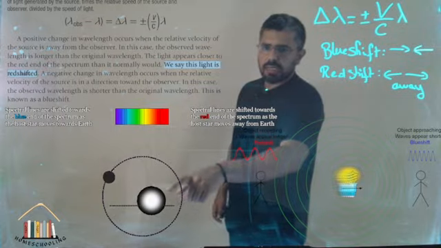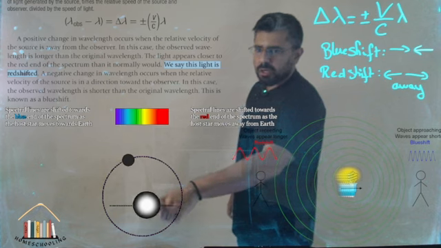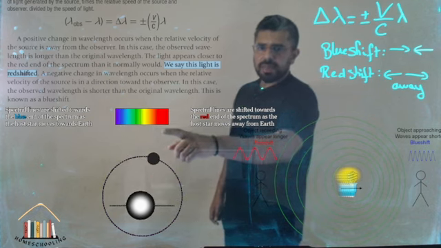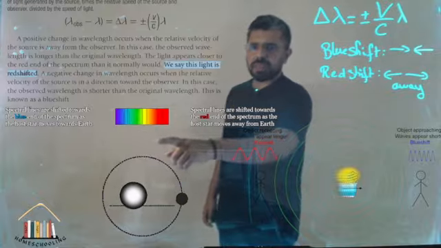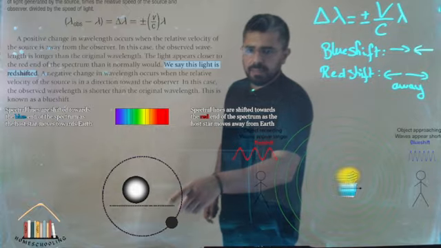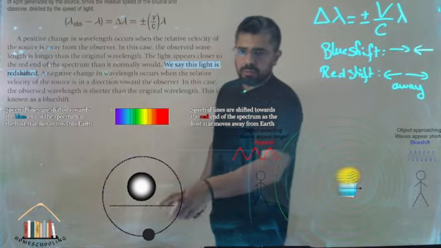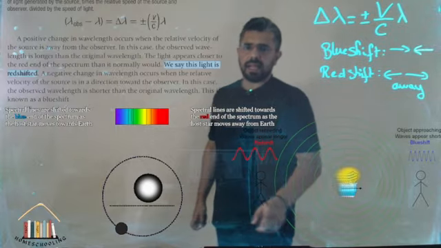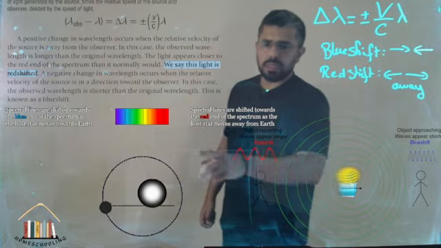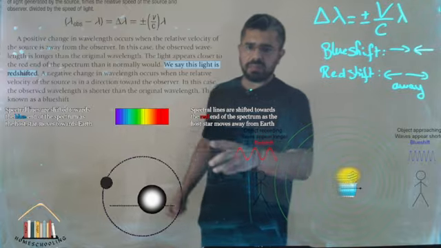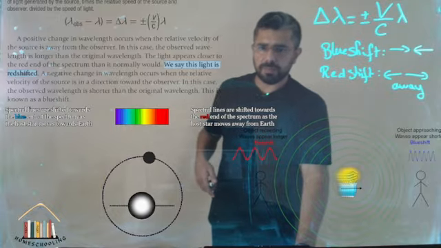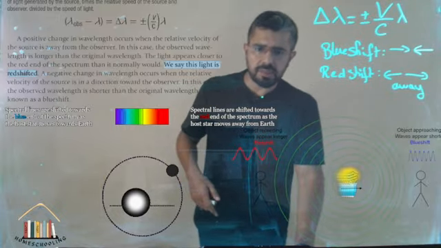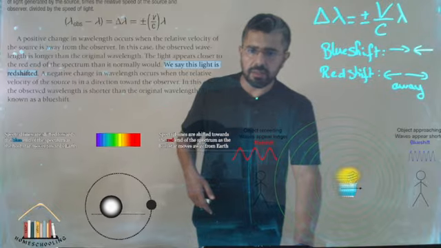However, when they start to come closer to each other, the spectrum turns to blue. Every time they go away from each other, the red light will dominate the spectrum. If they are coming closer, the blue light will dominate the spectrum. This is in summary what we mean by red and blue shift.